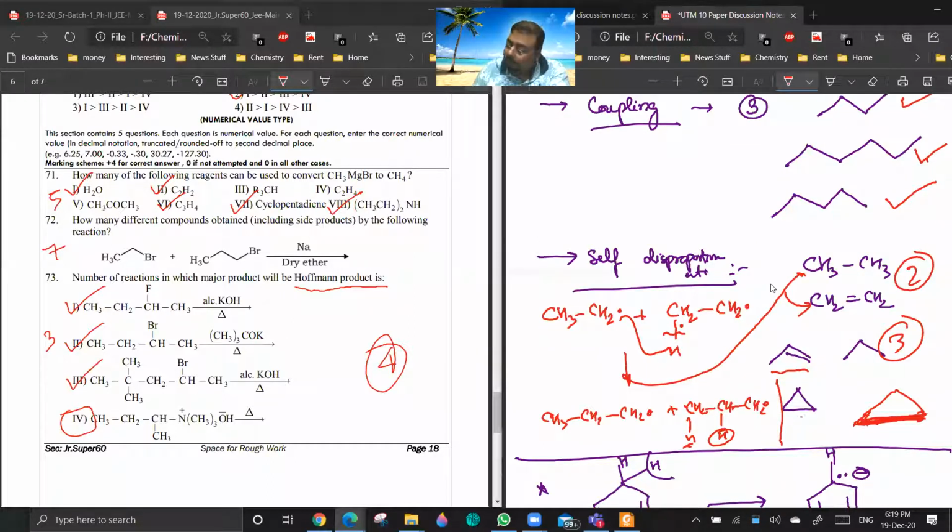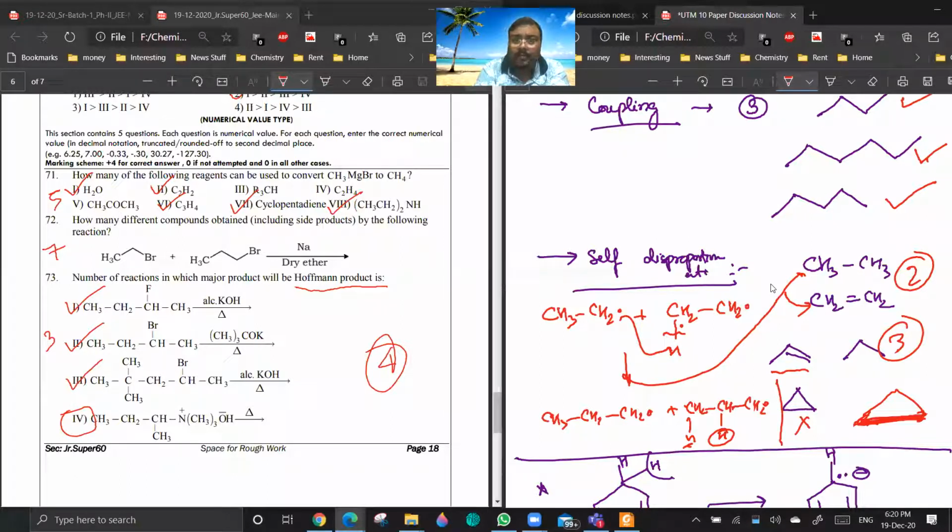This means they are not considering this one. But there is a possibility of formation of cyclopropane also. Getting a point? Yes, sir. So that is how they are getting 7.